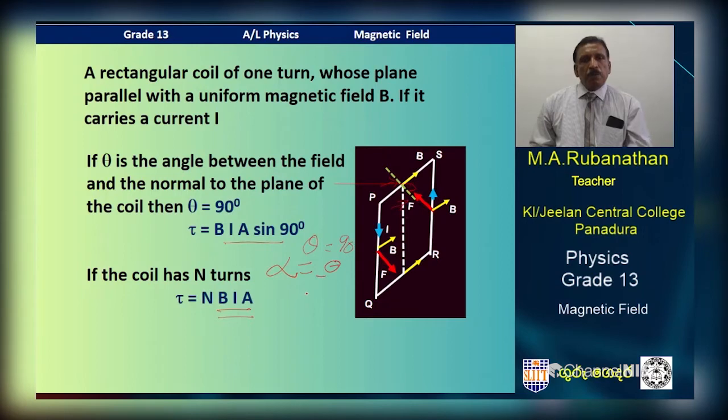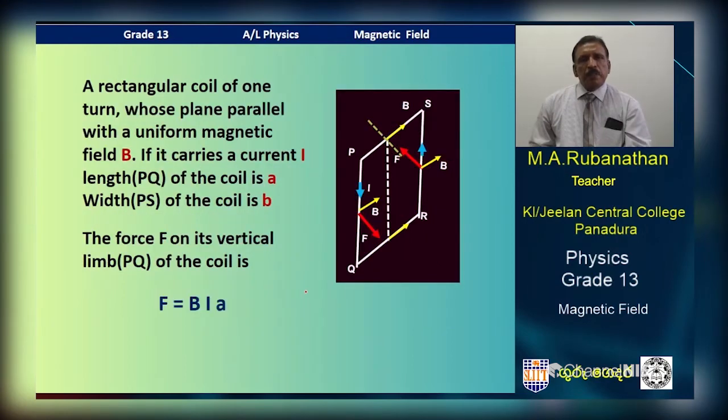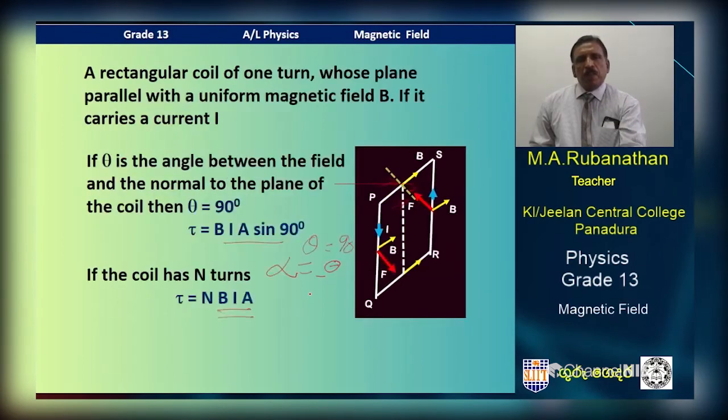Right, now go. So here, we want to take this proof from the initial proof, and deduce the result tau is equal to NBIA sine theta from this one.